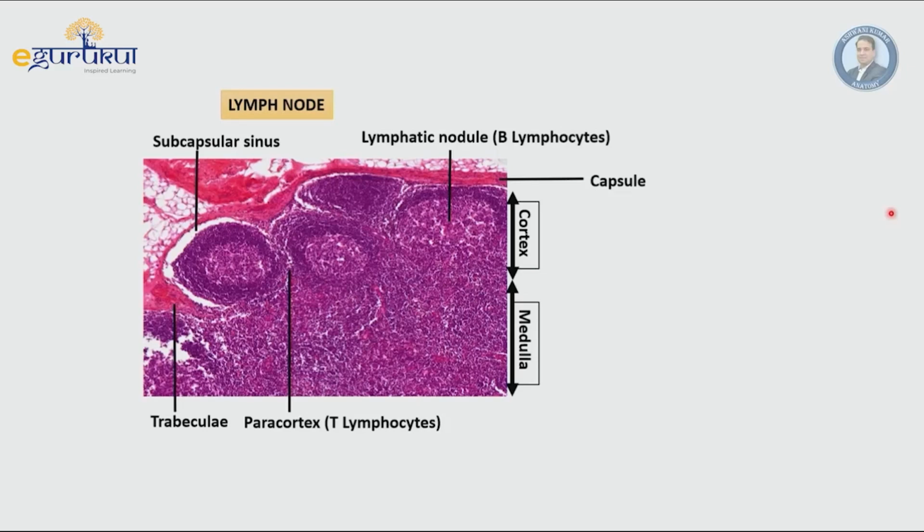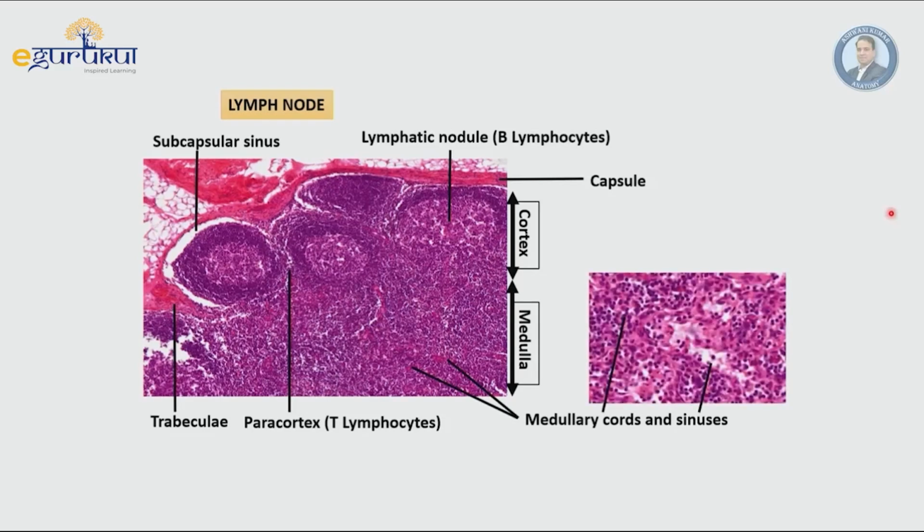Moving down, coming to the central part of the lymph node, we have medullary cords and medullary sinuses. If I put this picture here, it shows a better image of the medullary cords and sinuses. Well, what is a medullary cord, guys? All these are the medullary cords here, which contain mature B lymphocytes in random clusters, so we call them cords.